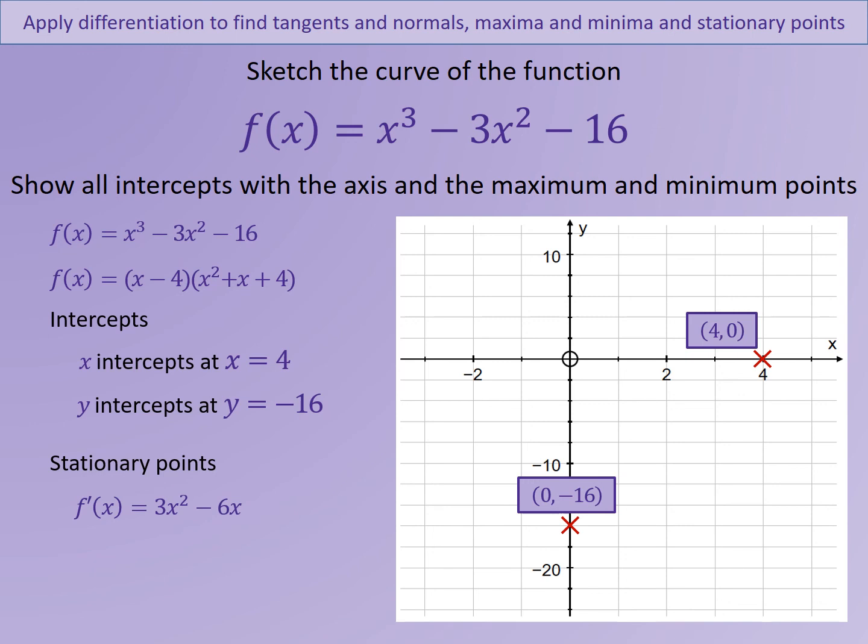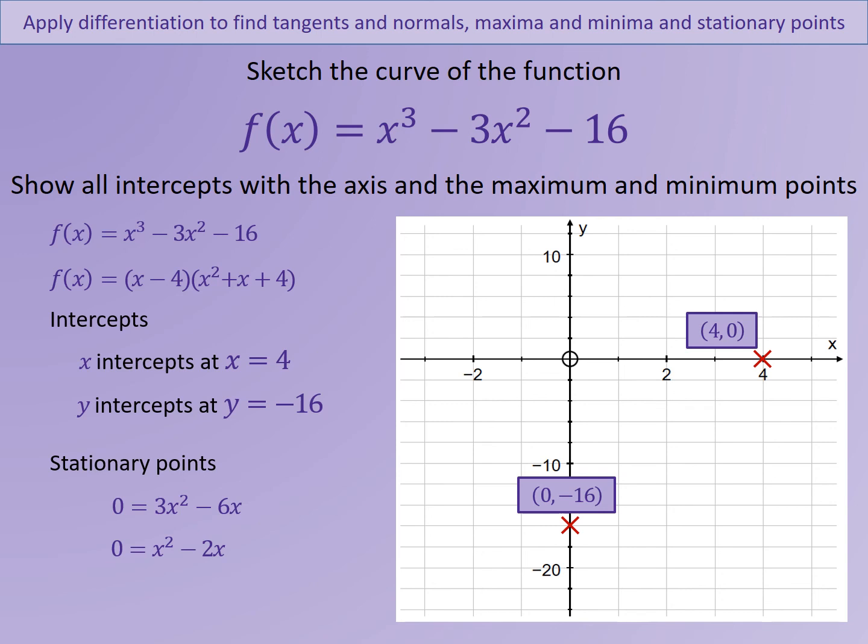So I am differentiating my function to find my gradient function. I'm then going to make the gradient function equal to 0 because that's what happens to find a stationary point, because the gradient would be equal to 0. And then I'm going to factorize my resulting quadratic. First of all, I've divided by 3, as you can see here.